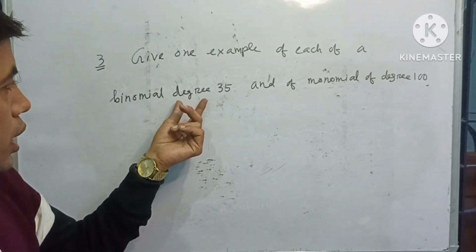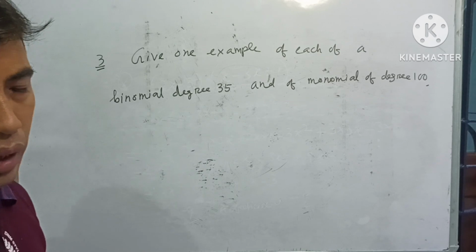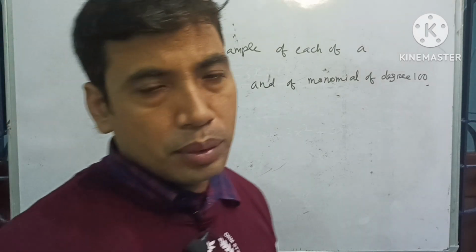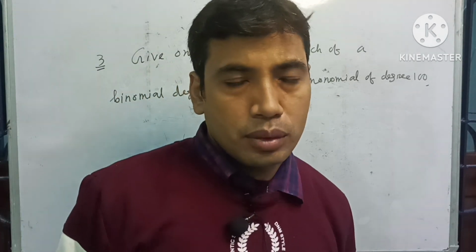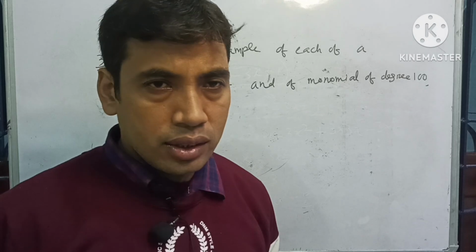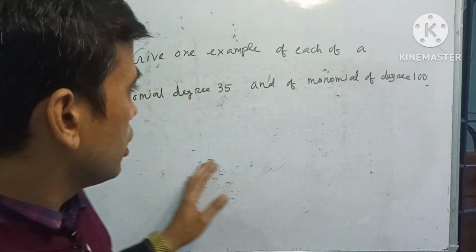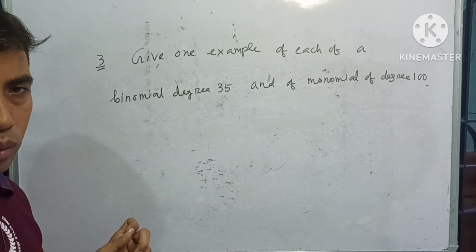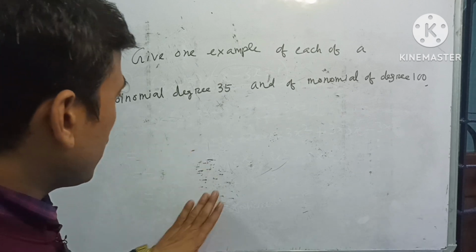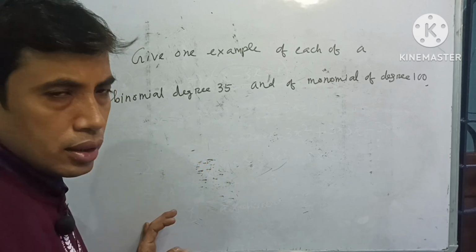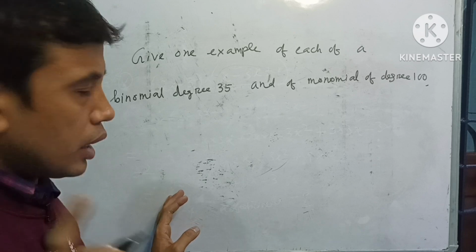And the degree is 35. I have already discussed that the degree of a polynomial means the highest power of the variable. So you need to write a binomial, which must have two terms.